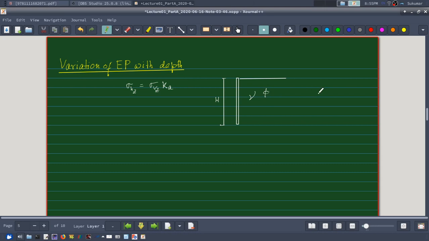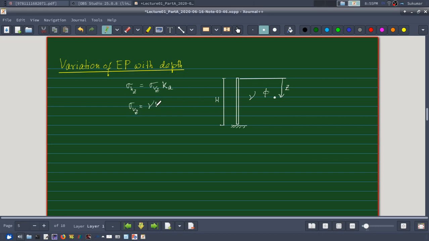In that case, if I measure the depth from the surface of the backfill, say Z, then at any depth Z, if I consider a soil element, then sigma Vz is how much?